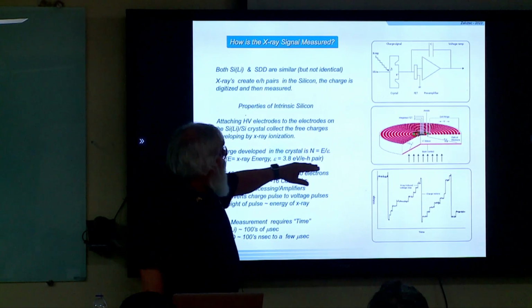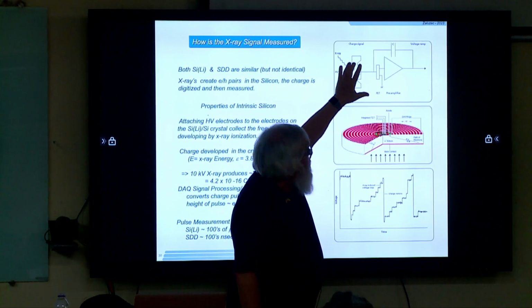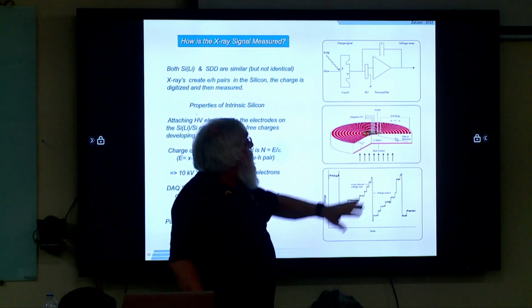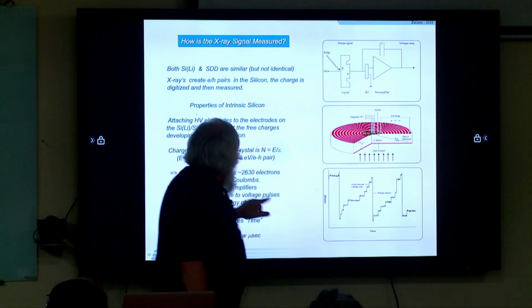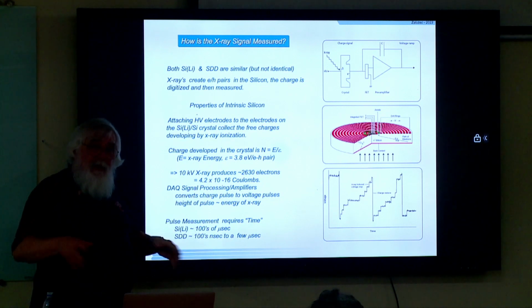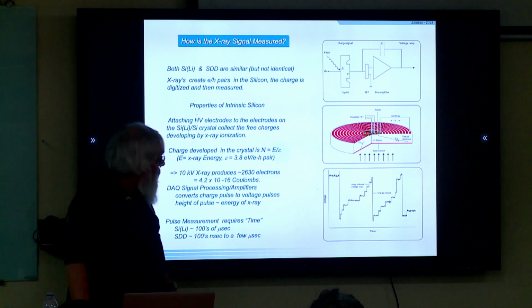What's typically done is the X-ray comes in, the charge gets built up, and then we use some sort of measuring device to measure how much charge. In these Si(Li) detectors, there's the FET. It's cooled down because that's a pretty small charge and electronic noise disrupts it, so you cool it down to make the FET more efficient.